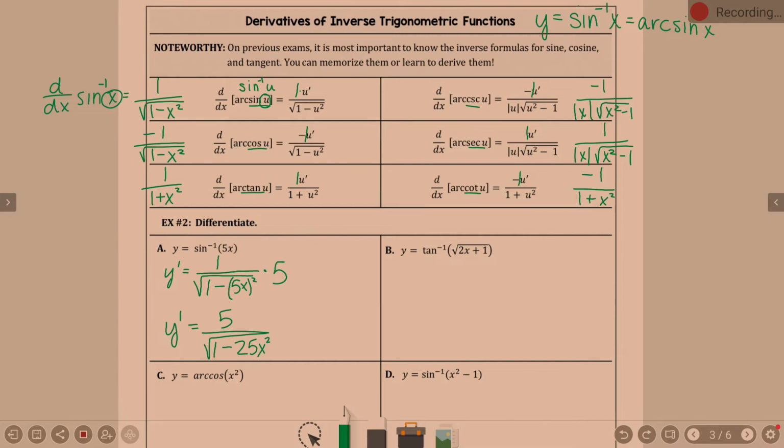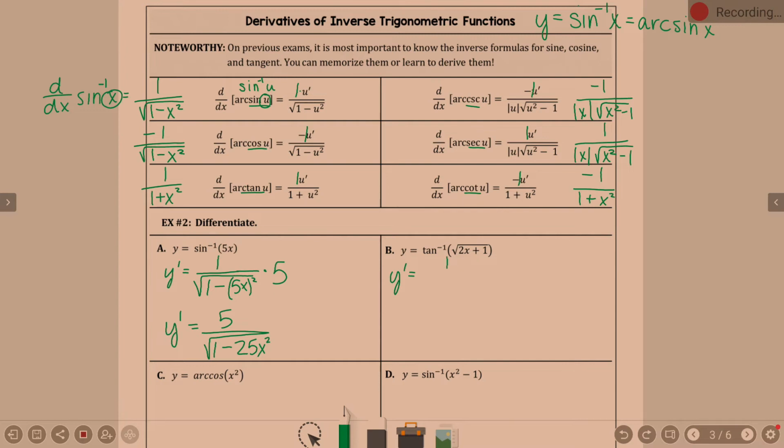Tangent inverse of the square root of 2x plus 1. So, what is the function we're trying to take the derivative of here? Tangent inverse, right? So, what's the derivative of tangent inverse of something? 1 over 1 plus something squared.